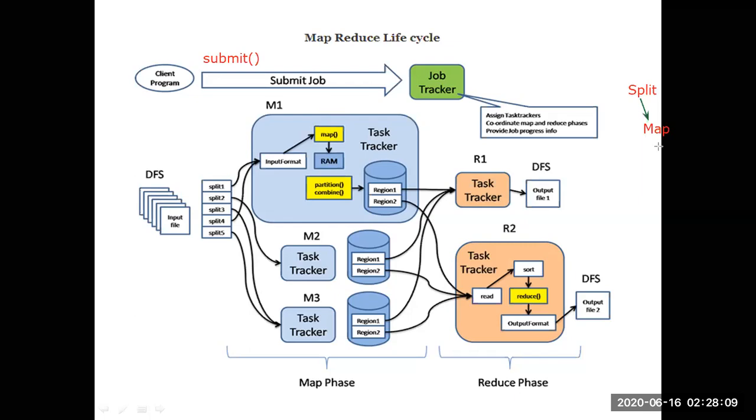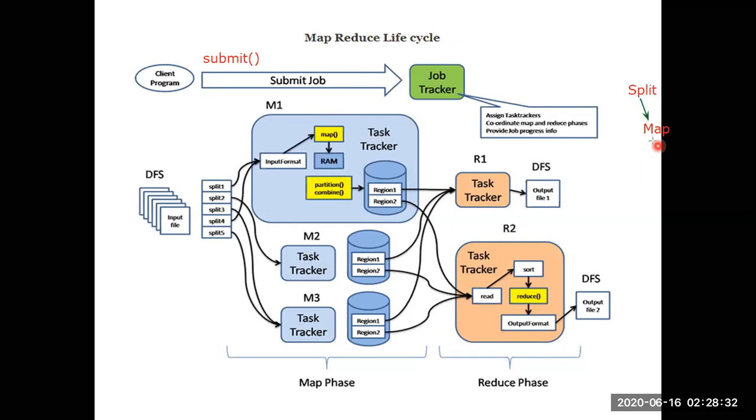The problem is if I get multiple mappers within a map, for example my mappers are M1, M2, M3, I need to do the job in M1, M2, M3. That is where the task tracker works.